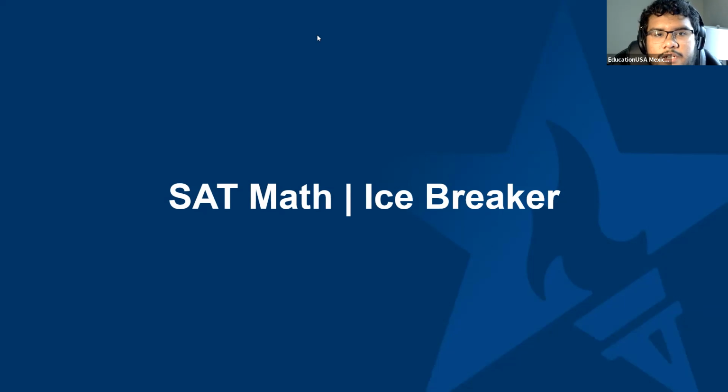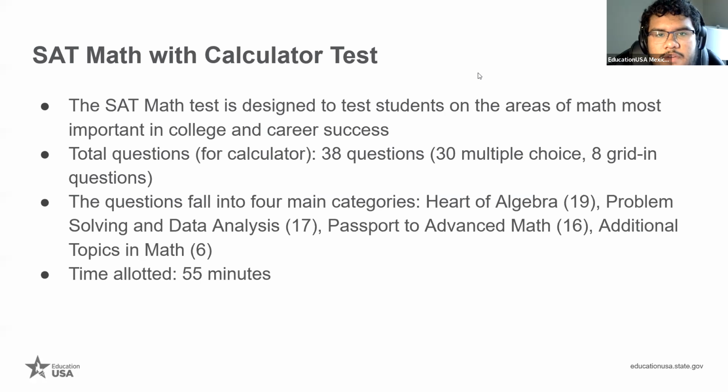If not, then we can go ahead and get started with the material here. So the SAT Math with Calculator portion. Well, first of all, the SAT math test in general, which includes both sections with and without calculator, is designed to test students on the areas of math most important in college and career success, which includes algebra and other high-level math concepts.